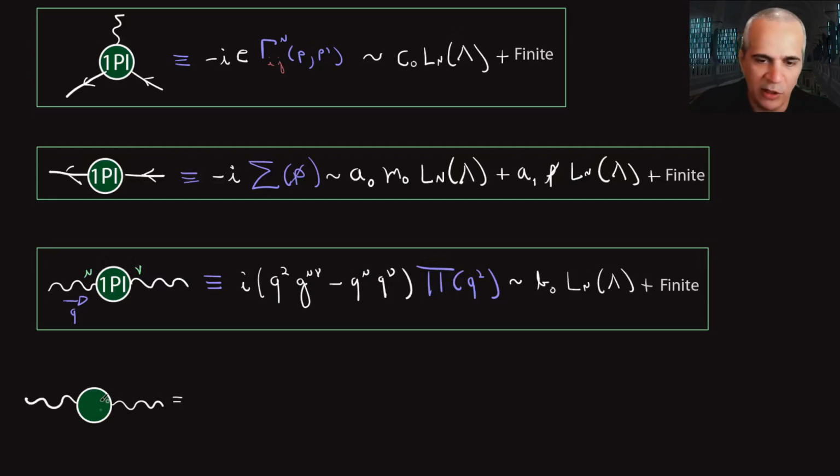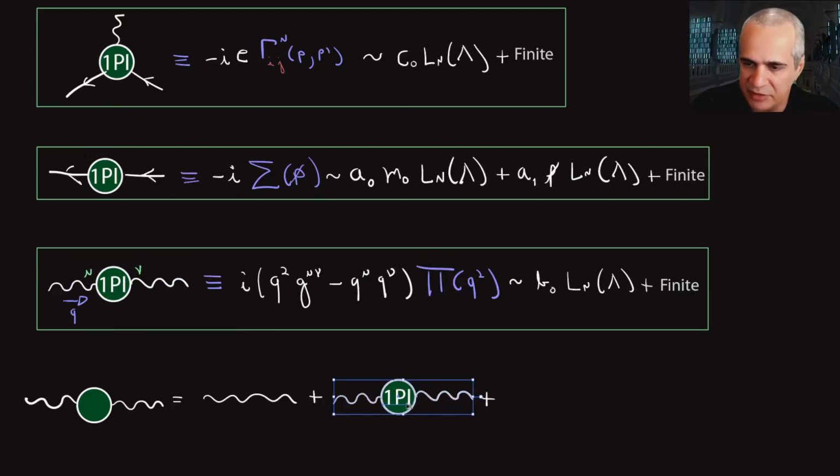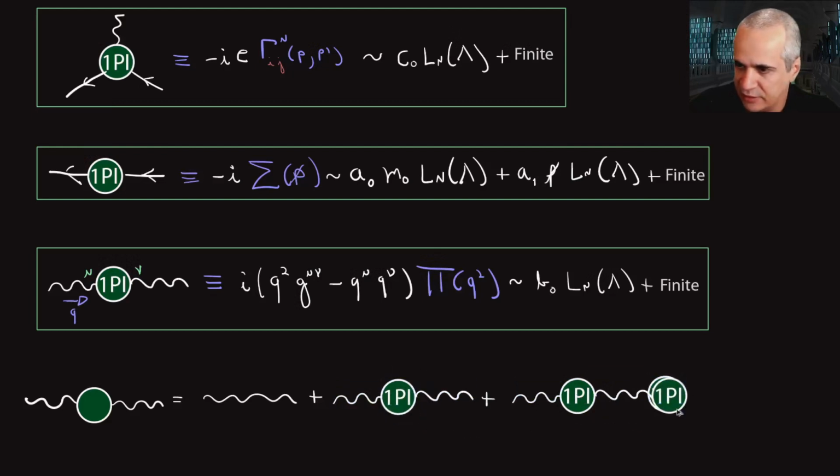And the only inclusion besides the 1PI diagrams is really the free photon propagator and interactions of these same diagram again and again. So I have this guy, but then I also have something like this. Let me see if I can get this.